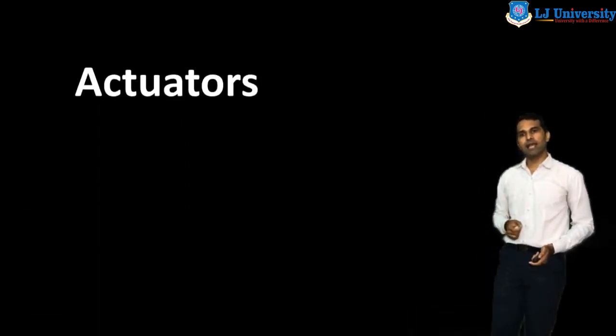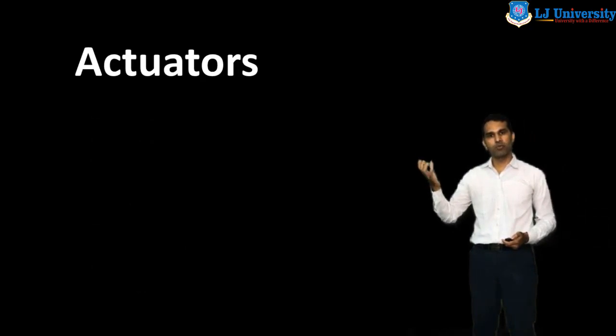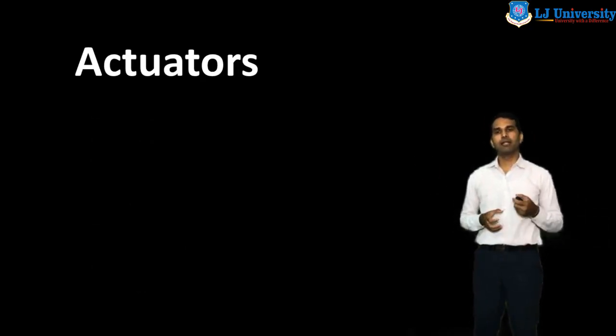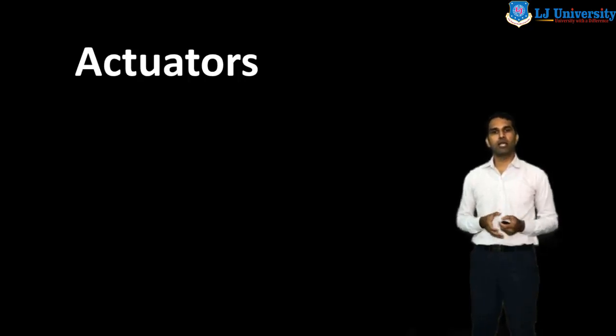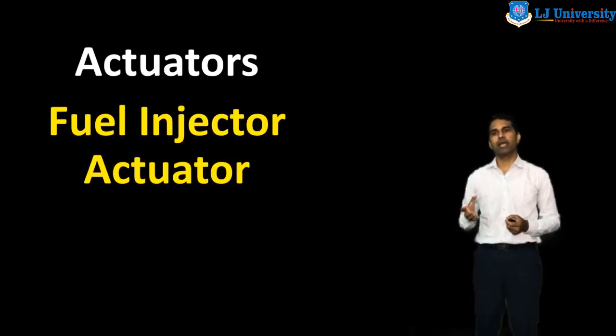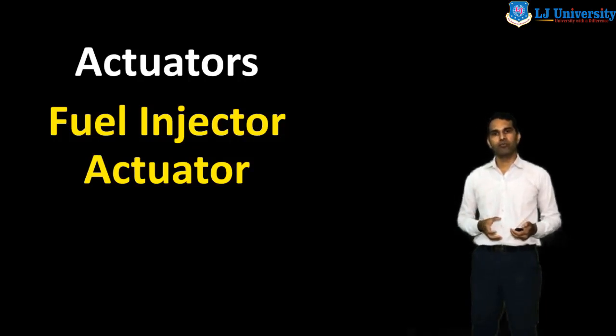In this lecture we have discussed first what an actuator is. We understood the definition of the actuator and the different types of actuators used in the automobile. Then we discussed the first type of actuator, the fuel injector actuator, which controls the amount of fuel that enters the engine.